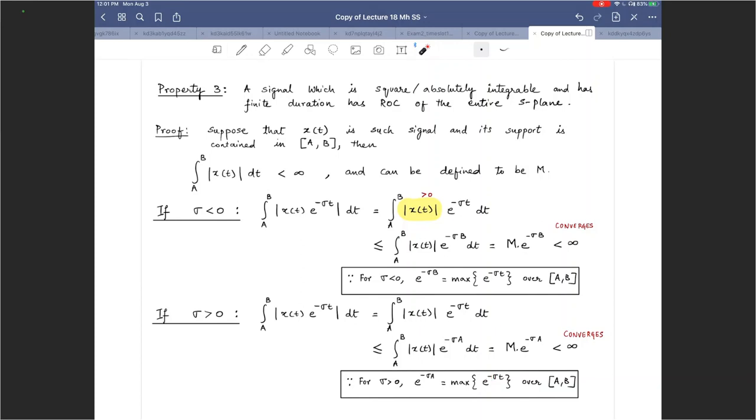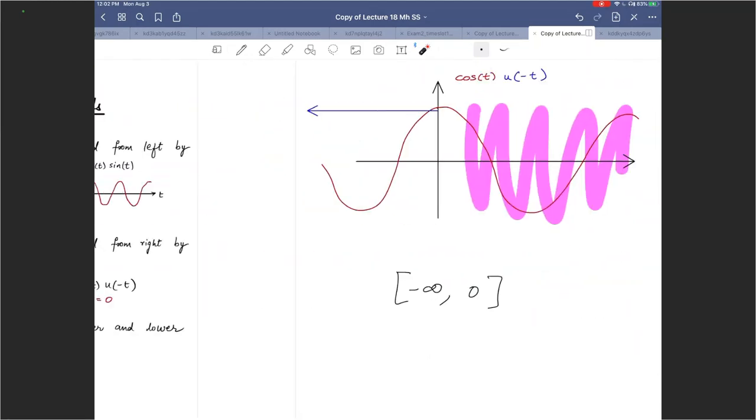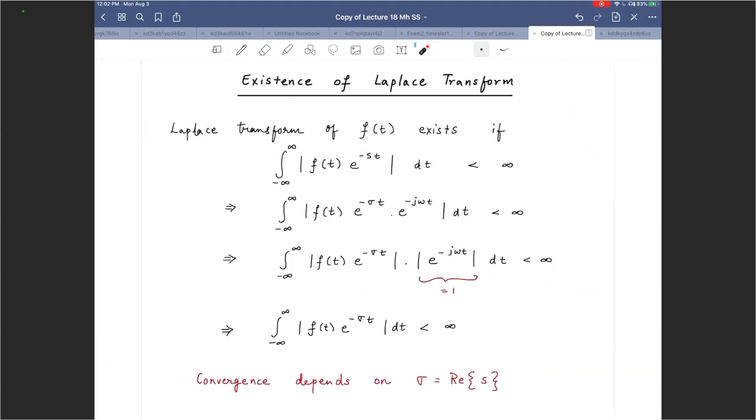So a will dictate the maximum value over a to b, but also converging: m times e to the minus sigma a is less than infinity, so it converges. So for both sigma greater than 0 and sigma less than 0, the integration of the signal x of t e to the minus sigma t is absolutely integrable, which is essentially the check for whether the Laplace transform exists or not, right? That's the check. The integral of f of t e to the minus sigma t dt has to be less than infinity.